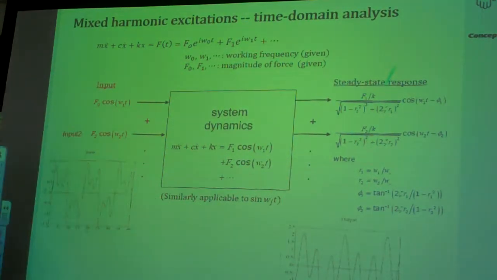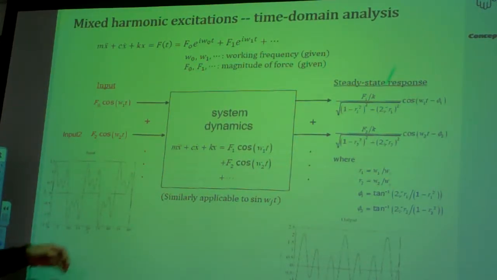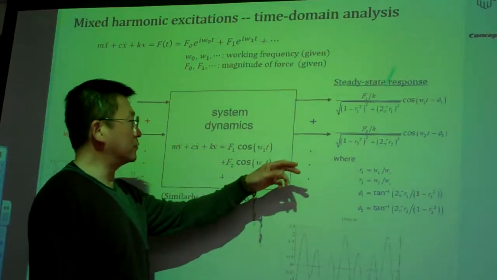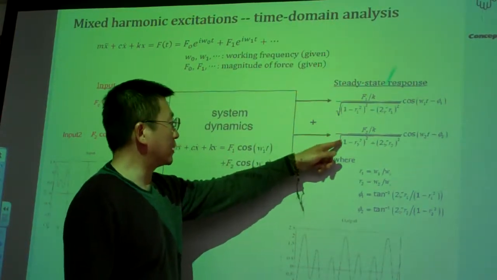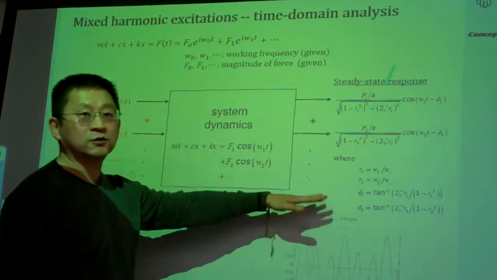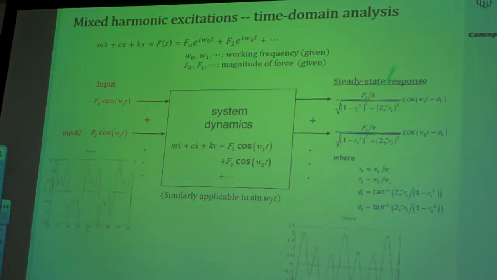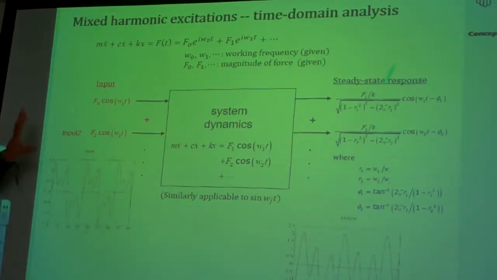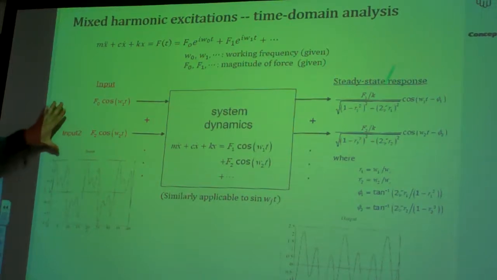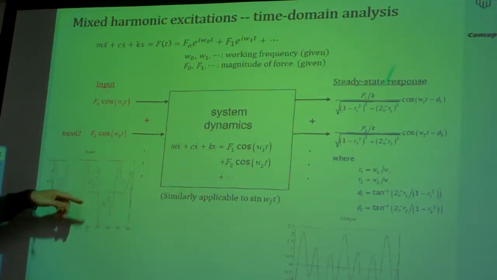Okay. So eventually, the whole result, the system steady state response, is simply the addition of this one plus whatever, however many terms you have, added up together. So the combination of the input, the combination of the force, will look like this.